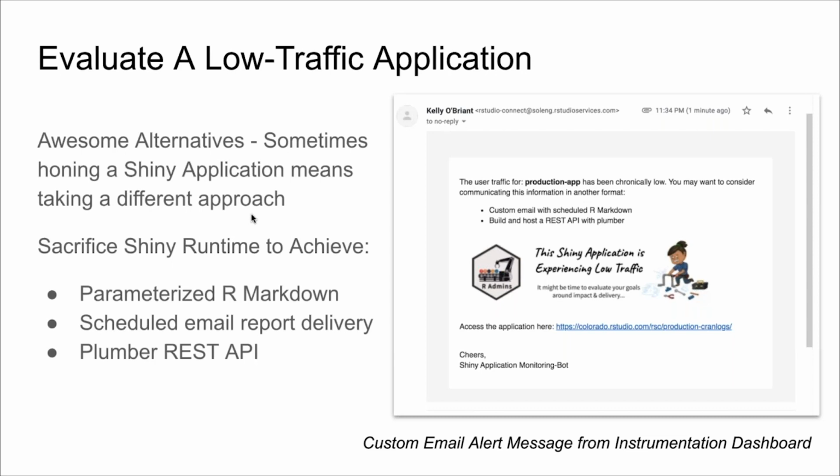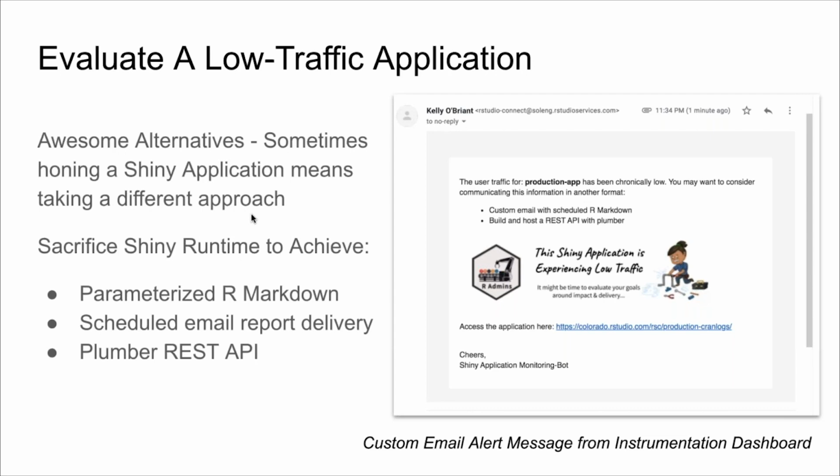Scheduled email report delivery, I just said, and then a third asset that we didn't really talk too much about in this series is creating programmatic access to communicate insights through the Plumber package and developing REST APIs.